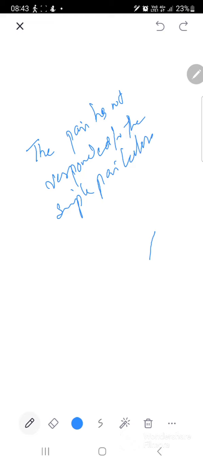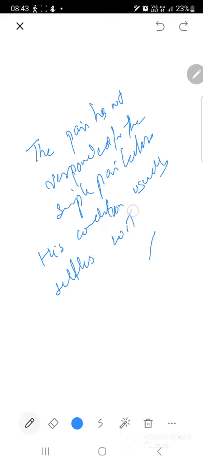You can use present perfect tense as well, right? Or we can write down his condition usually settles with, let's say, rest.